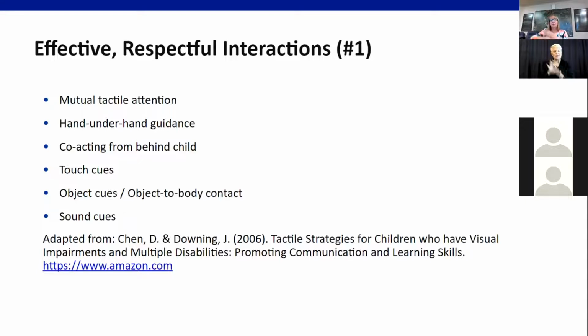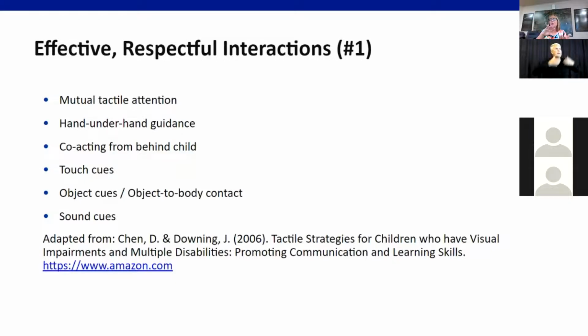Touch cues are huge. These are touches on the body, whatever it is, to let a child know what is about to happen. For our youngest kids and our developmentally youngest children, a lot of times when they are picked up, it is this sudden jolt of somebody comes and just picks me up. If we instead touch underneath their arms, they know eventually that, oh, that means I'm going to be picked up.